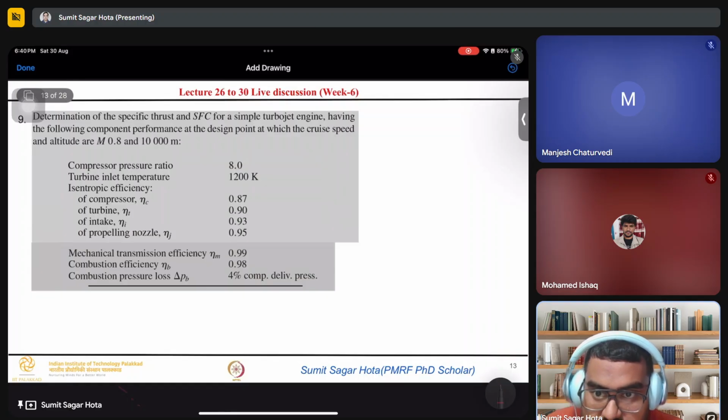The compressor pressure ratio, turbine inlet temperature, and isentropic efficiency of the compressor, turbine, intake and propelling nozzle are given. The mechanical transmission efficiency is also given. The combustion efficiency is given. The combustion pressure loss is 4%, also given. We need to find out the specific thrust and specific fuel consumption.